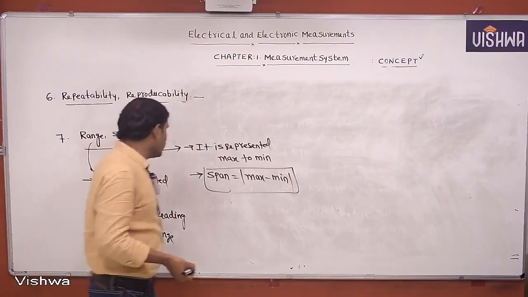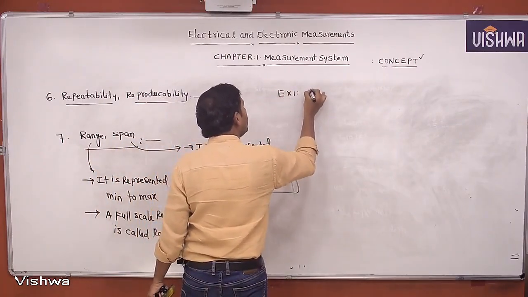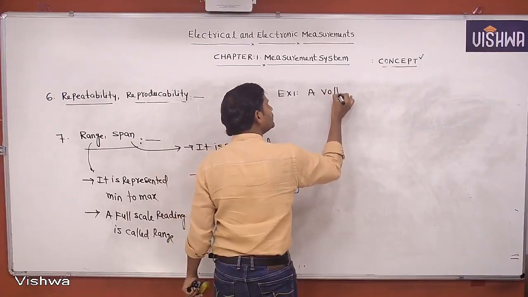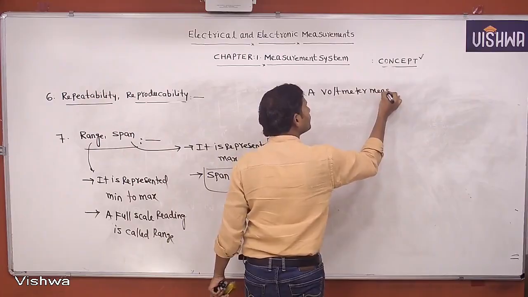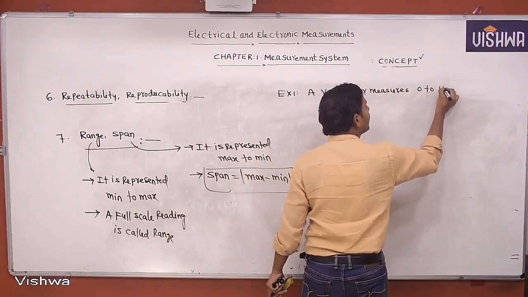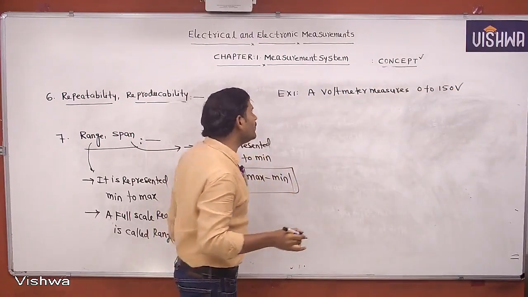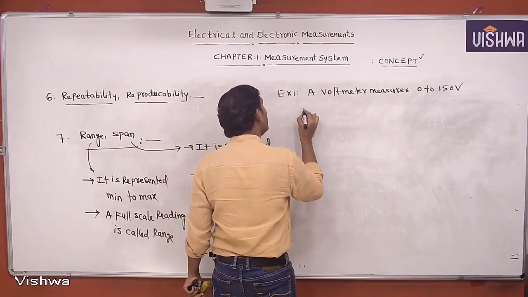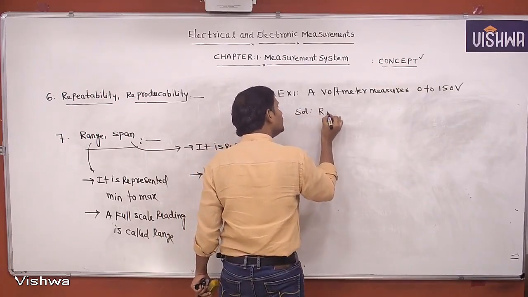For example, here I am giving two examples. A voltmeter measures 0 to 150 volts. Then what is the range?